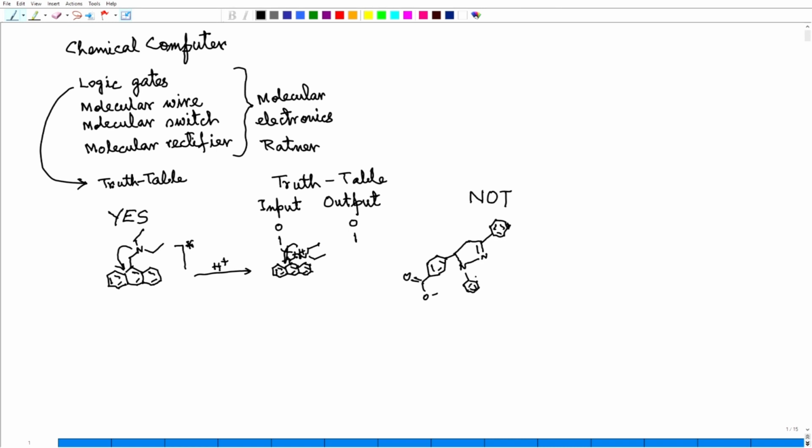There is no input, but when I excite it, then I see strong fluorescence as output.